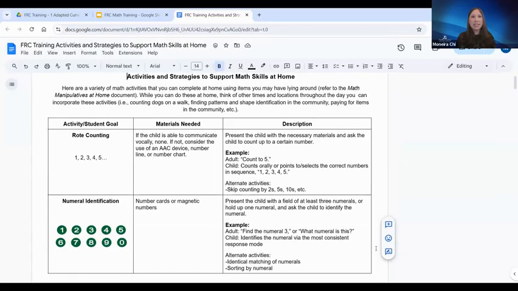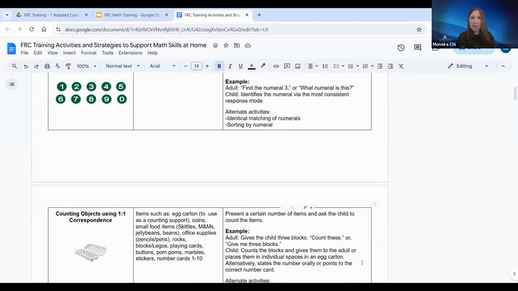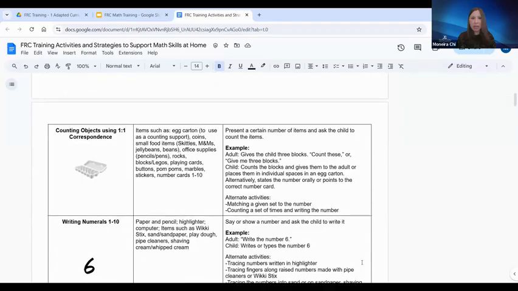So the way this handout is set up is it highlights the activity that you might work on, or that math objective or early numeracy skill. It talks about what materials you might need in order to teach that. And then it gives you sort of like a script of how to present that math skill to your student or your child and what type of response you're looking for.